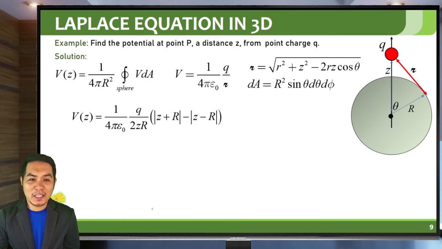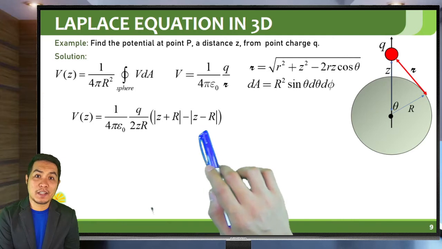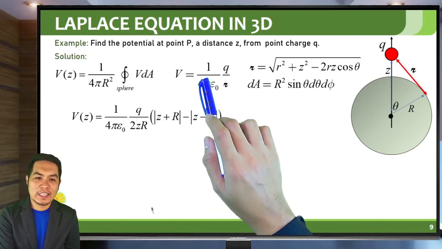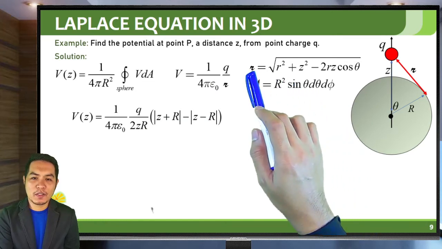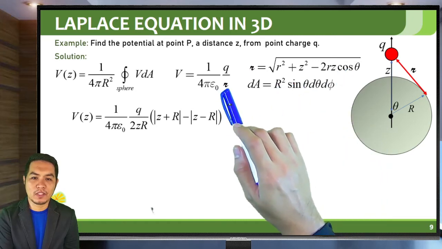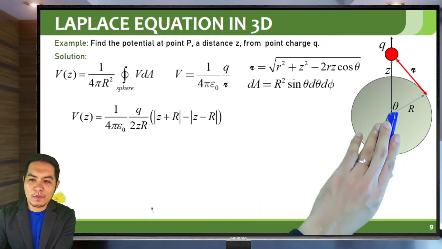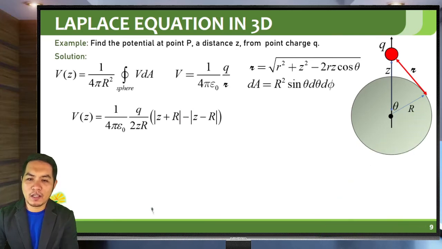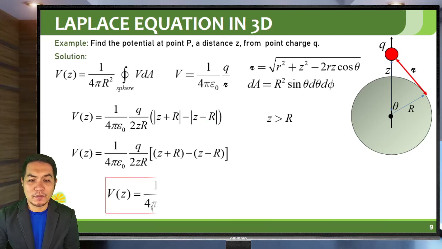So you recall that problem, and you get this result when you integrate V and dA, where the separation distance curly r is given by this one. So you put that in the denominator, and you will get this result. And since obviously for this problem z is greater than capital R, the absolute value of z minus r is just z minus r. And you get the result.